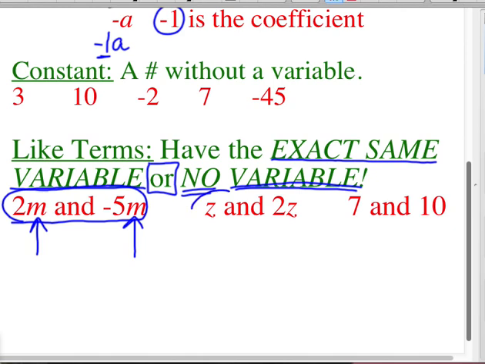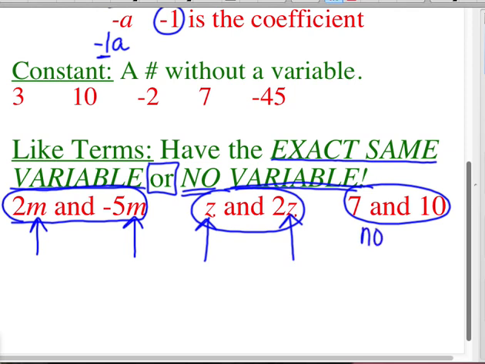Z, which is a 1z, and 2z are like terms because they both have the exact same variable, and the variable there is the z. And 7 is a like term with 10. These are constants. They fall into the no variable category. Because they have no variable, they're just plain old numbers, they are like terms.